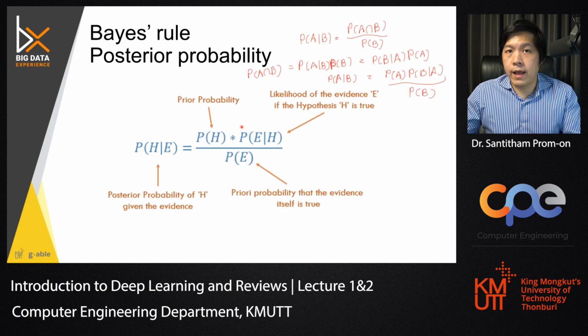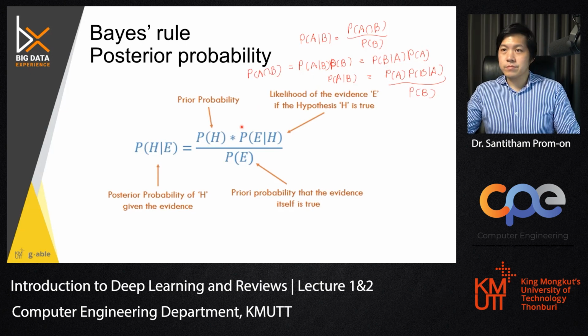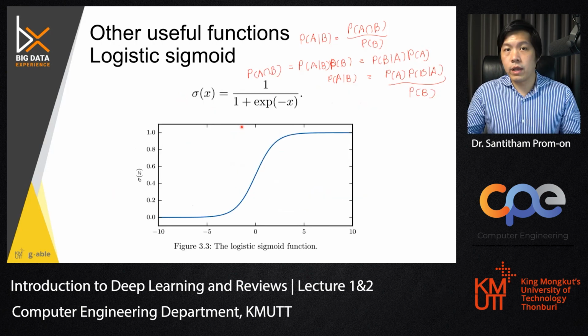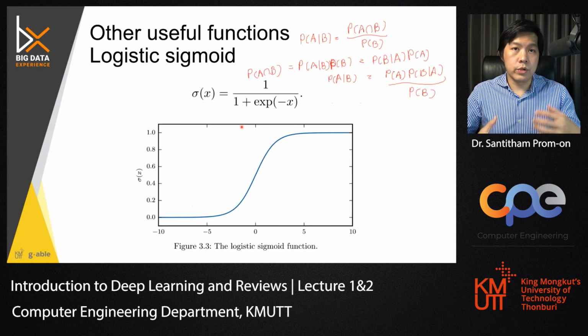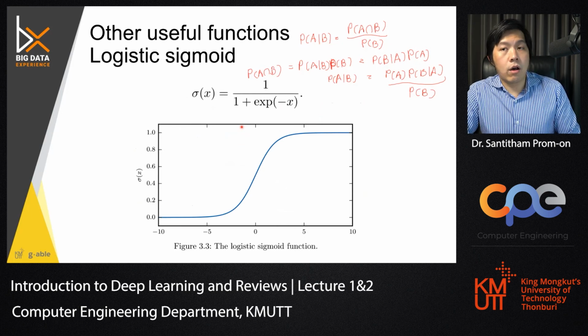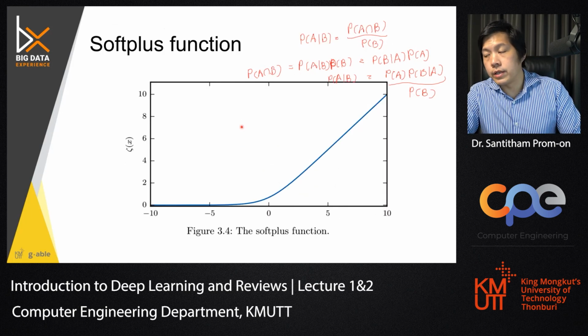Otherwise, you would have a biased model. So this is Bayes rule. We will use it later on to associate the posterior probability with the trained model, and also to derive the loss function in training the model.